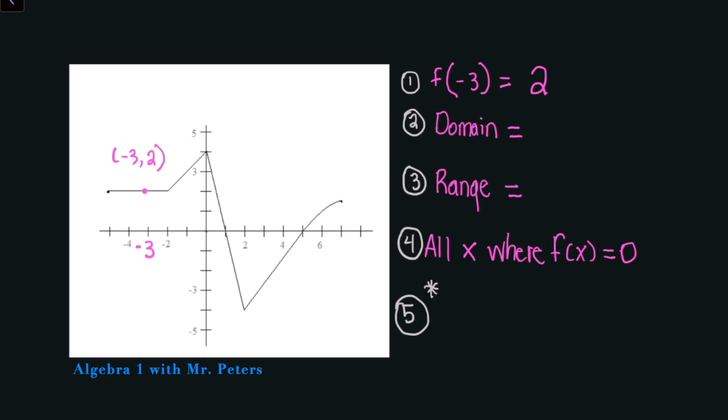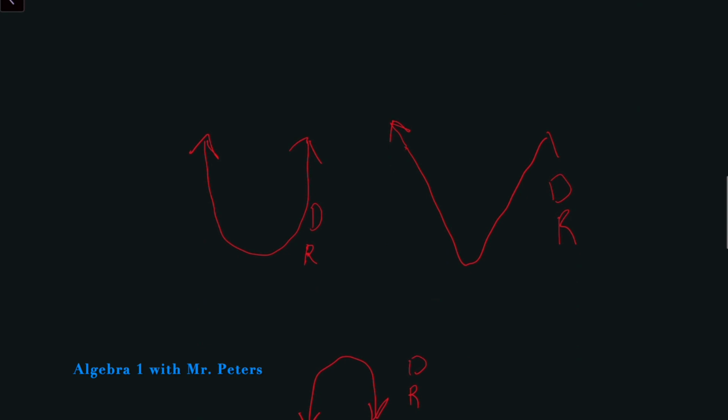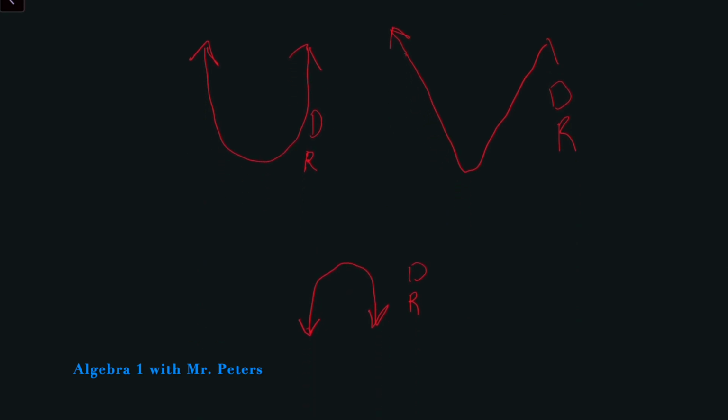Now we go over to domain and range. And before we answer this question, just understand that we have endpoints, right? There are not arrows attached to that graph, meaning negative infinity and positive infinity are not going to be in our domain and range. So when we scroll down, when we have U-shaped and V-shaped graphs, guys, this is when the domain is going to be negative infinity to positive infinity, right?